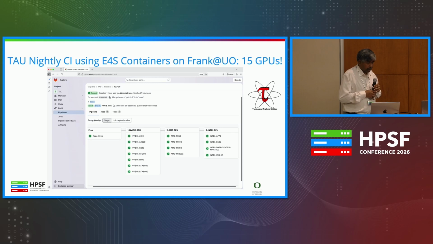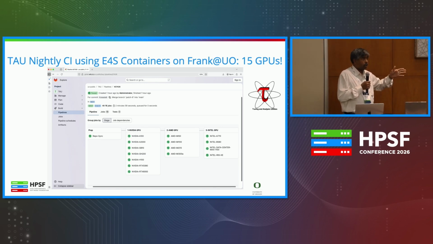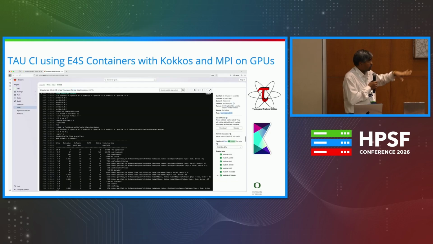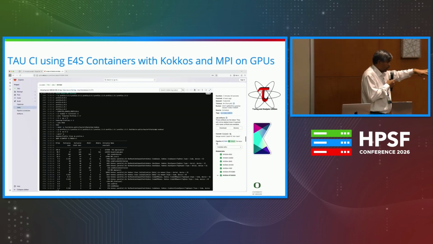And here is a TAU nightly CI running using the E4S containers on Frank. You can see that there are 15 different GPUs on which we are building TAU with MPI and Kokkos and using the GPUs. So we are measuring the performance of that application using TAU, and you can see the output here.